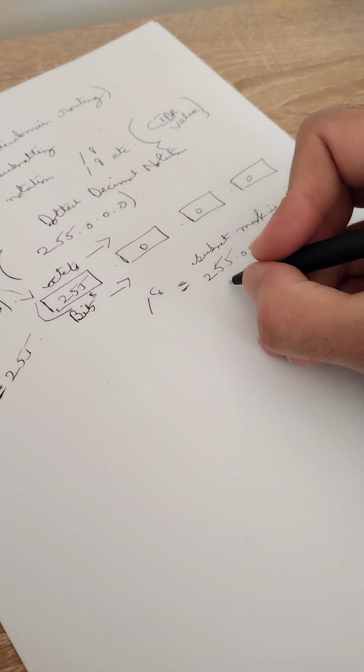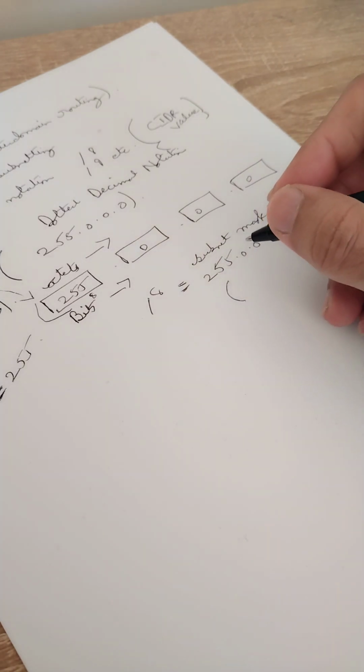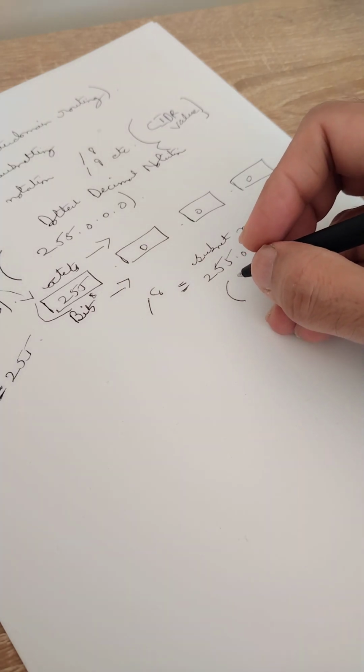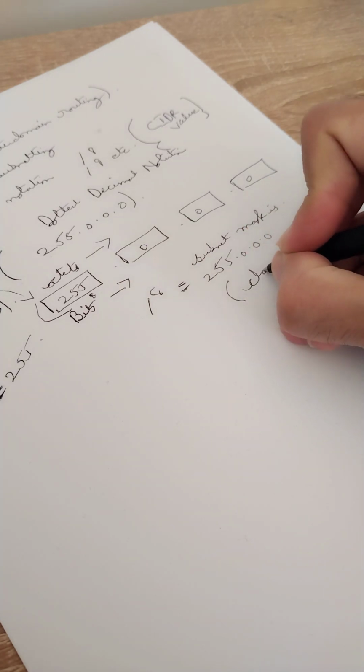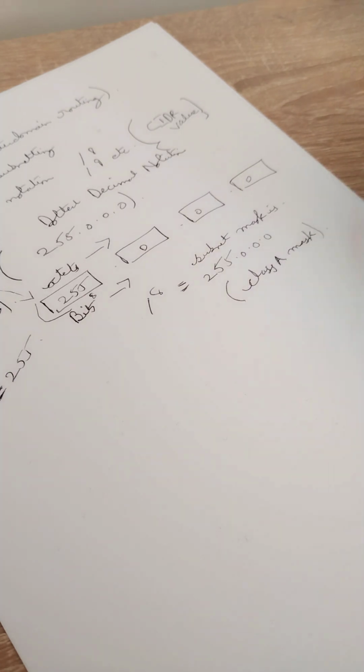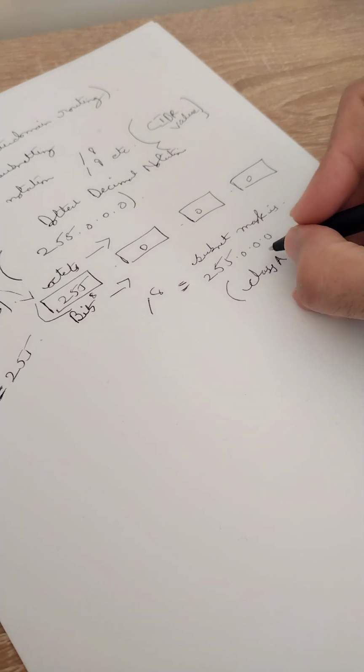Just a brief reminder that we've already learned about classes. This is a class A, a class A mask. It's a good idea to write down the subnet mask.